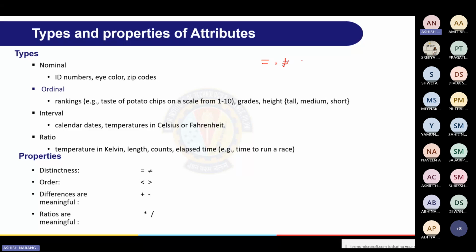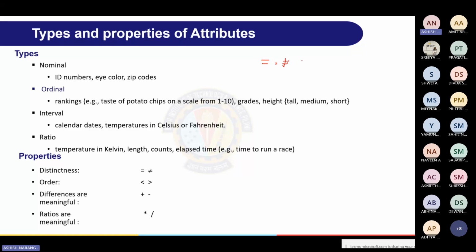And it is nominal. You cannot say red is less than blue and blue is greater than green. That kind of thing you cannot say. You cannot also say red plus green. It does not make sense, right? And green plus blue does not make sense as such. If you are trying to do some mathematical operation, okay, red is less than blue, blue is less than green, that kind of thing does not work with these nominal attributes.